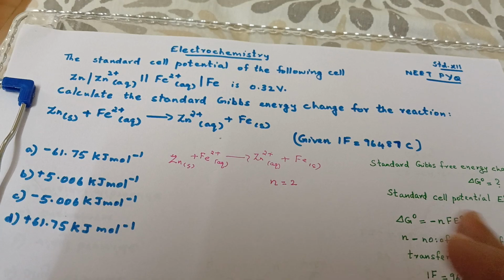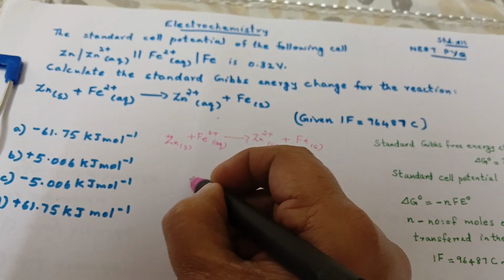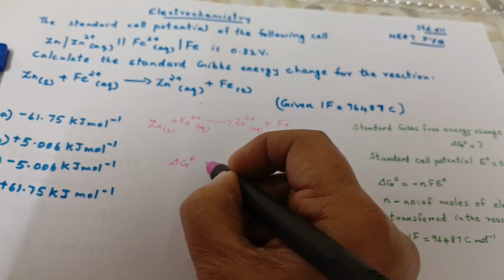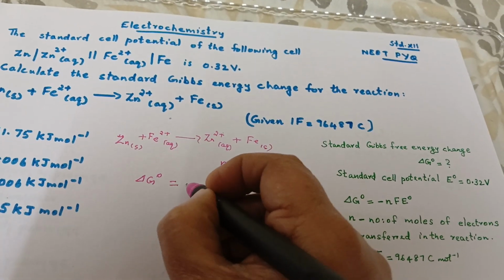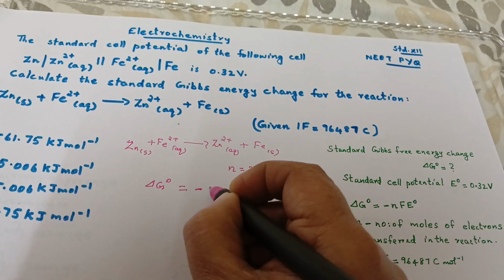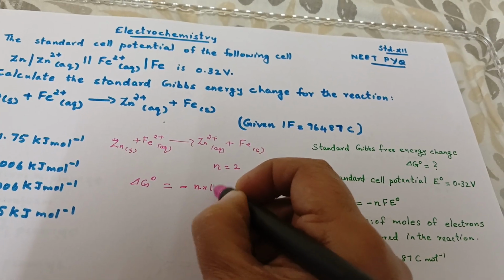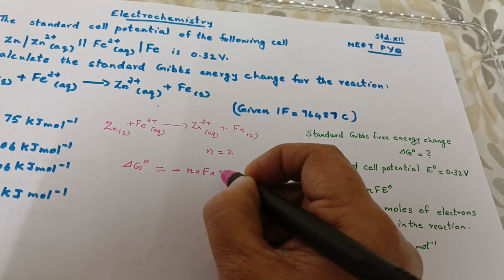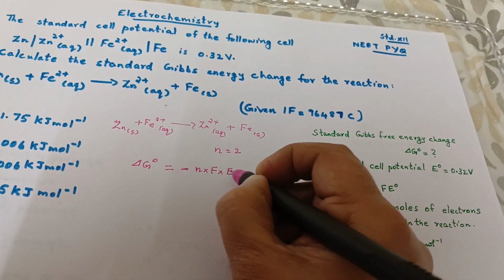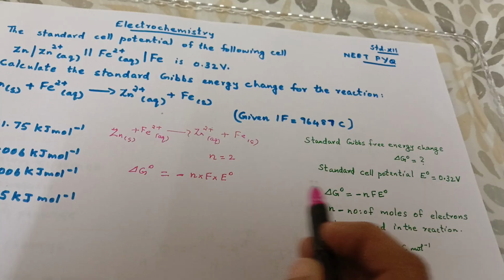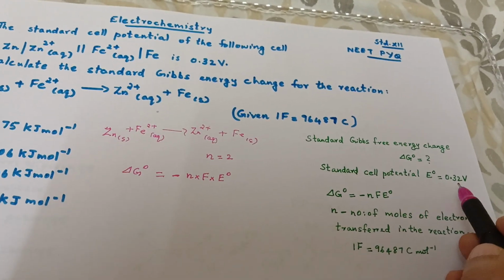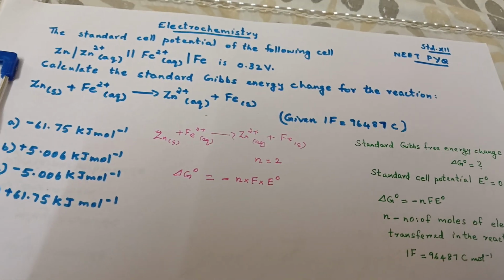Now it is simple because delta G naught, the standard Gibbs free energy change, equals minus n into Faraday into E naught. E naught is the standard cell potential, which is given to us as 0.32 volt.